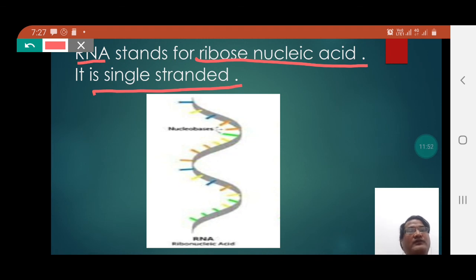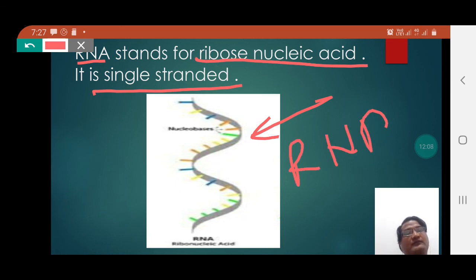Students, the concept of RNA will become more clear when we concentrate on this picture. Students, we can notice here that the RNA present has only a single strand. So students, you can see a single strand here.